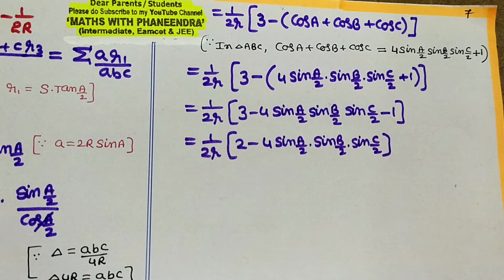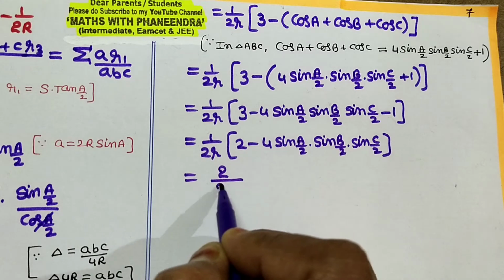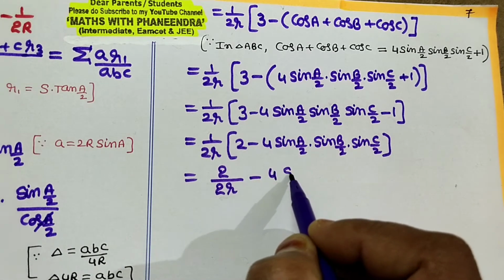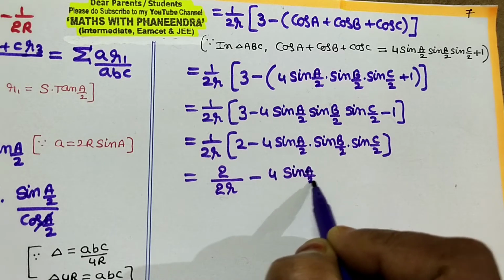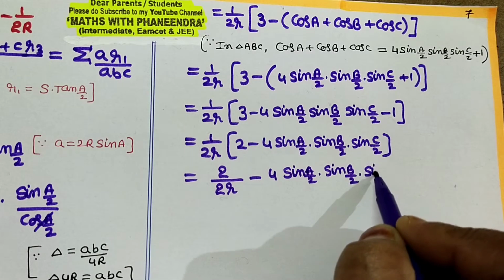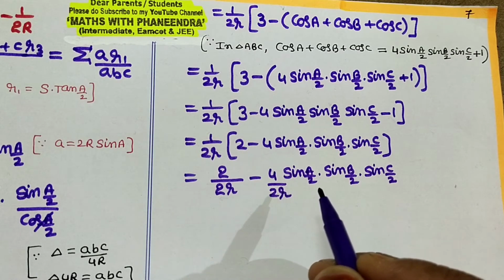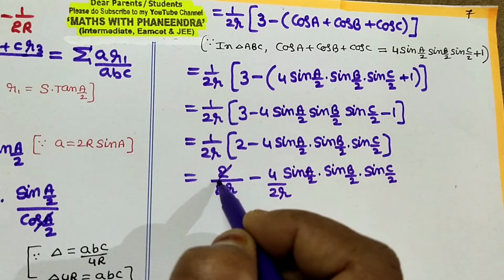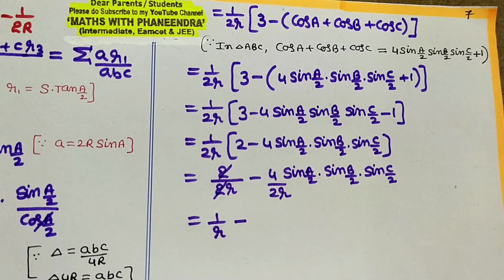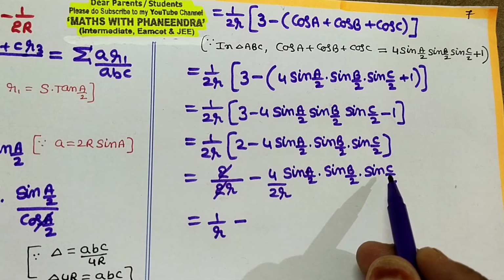Now each and every term is multiplied by 1 by 2r, so 2 divided by 2r minus 4 into sin A by 2, sin B by 2 into sin C by 2 divided by 2r, 2 into small r. So here 2 gets cancelled, which is equal to 1 by r minus, in the second term 4 sin A by 2, sin B by 2, sin C by 2 is there.